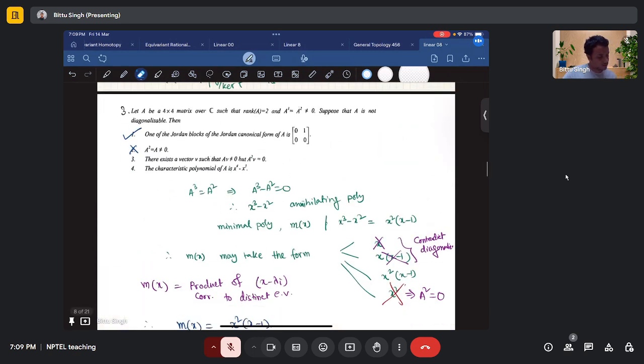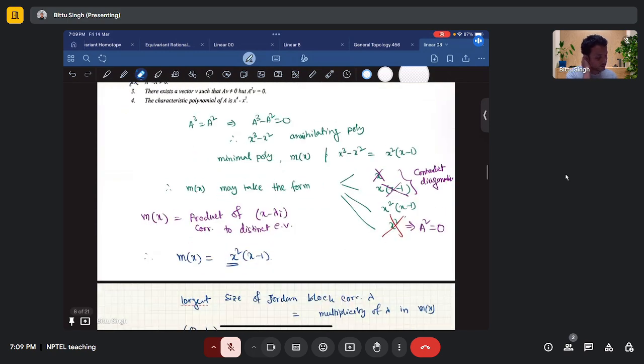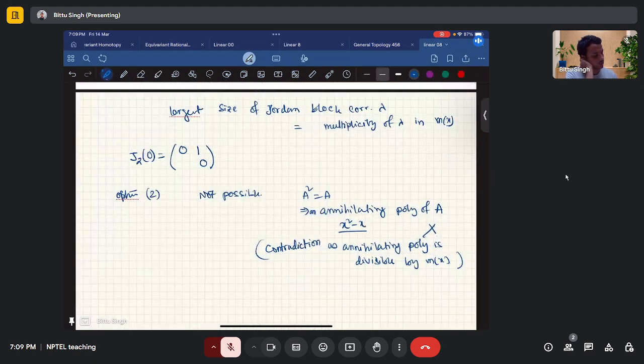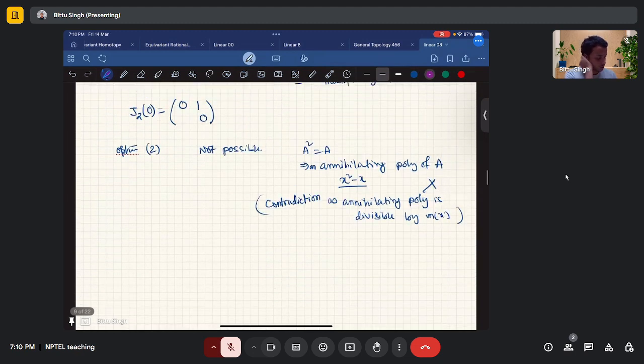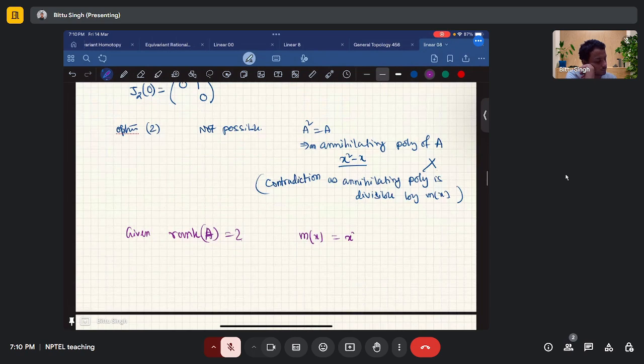Okay, rank is equal to 2, it is given. So let me write what the characteristic polynomial is. Before option 3, let us see the characteristic polynomial. Given rank of A is 2, recall that the minimal polynomial is x squared times x minus 1.